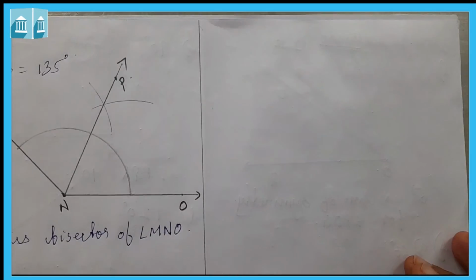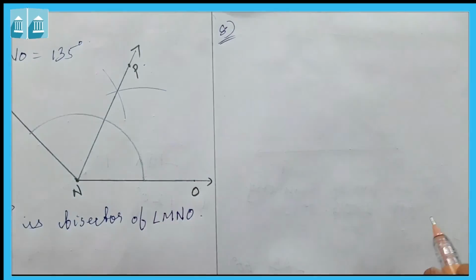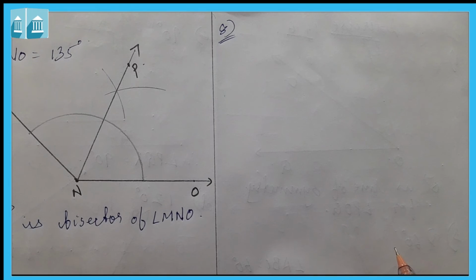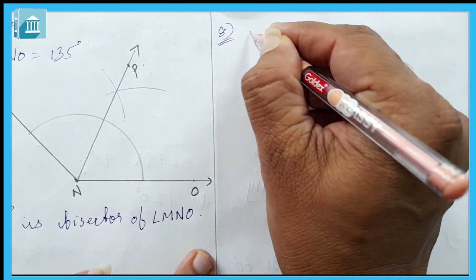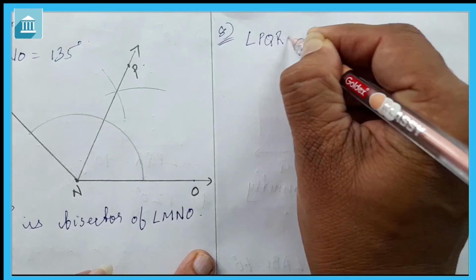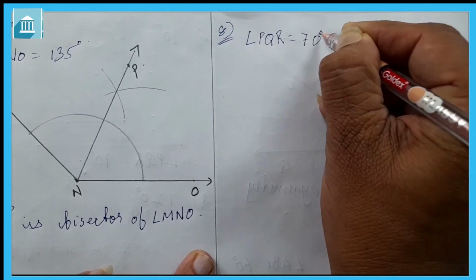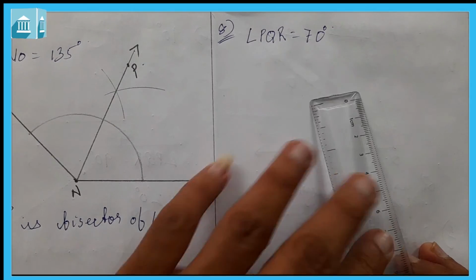Now let us see question number 8. Question number 8 is draw angle of 70 degree and make a copy of it. First we have to draw the angle of 70 degree. Let us say angle PQR is equal to 70 degree. First we will make an angle of 70 degree.